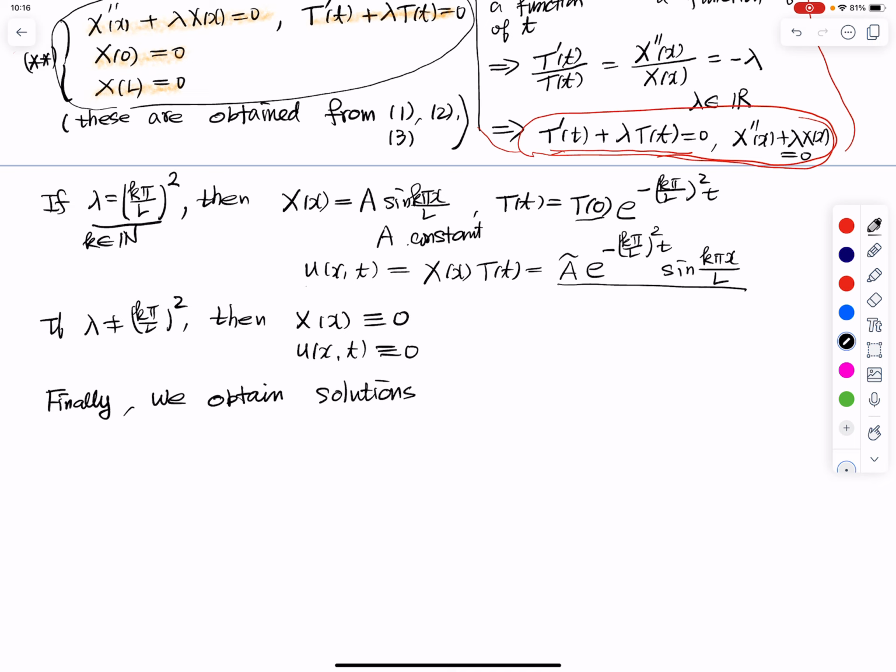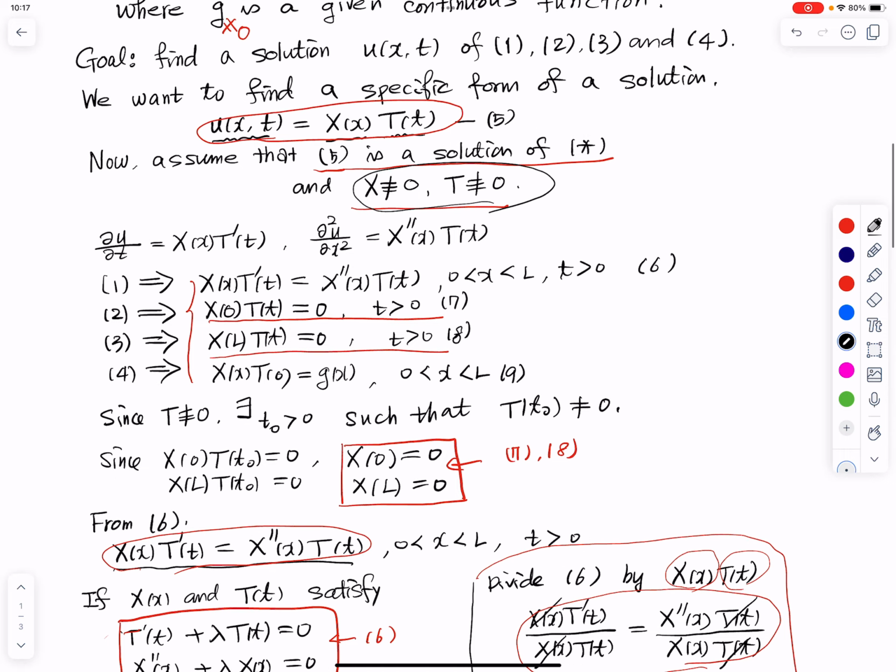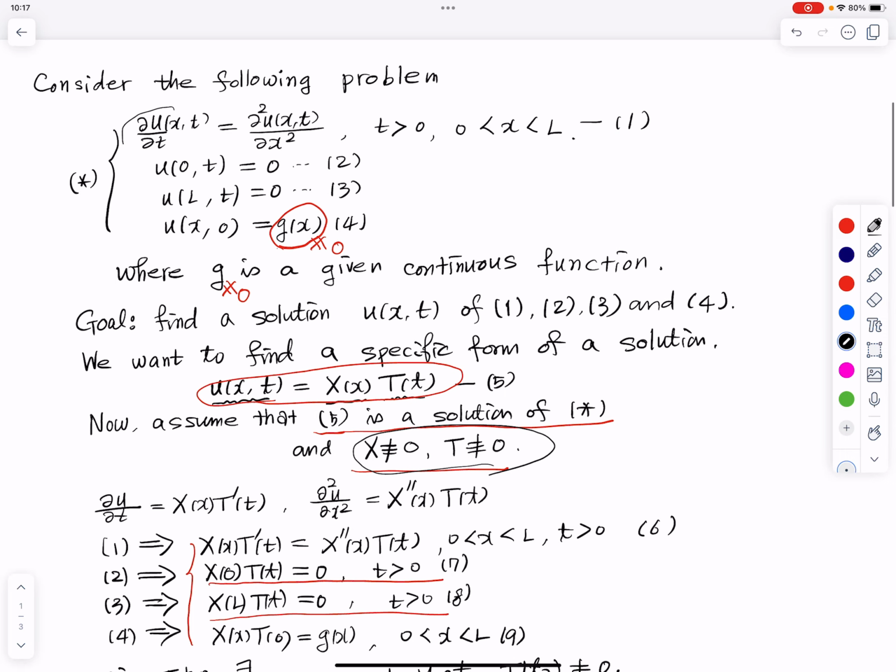This one depends on k, so I call it u_k(x,t). k can be any natural number, satisfying equation number 1, equation number 2, equation number 3. Okay, so at the beginning, equations 1, 2, 3 are satisfied by this solution.